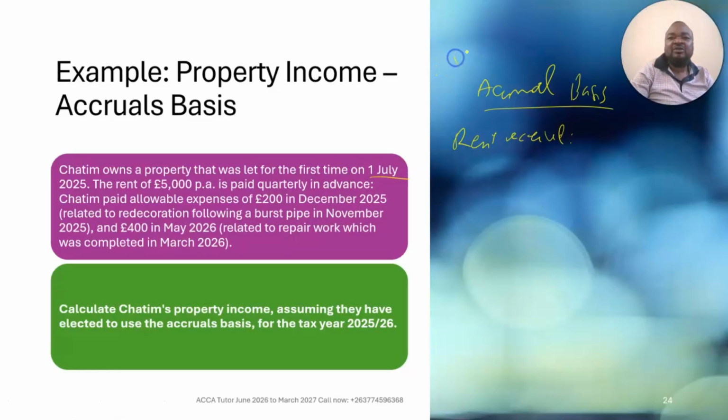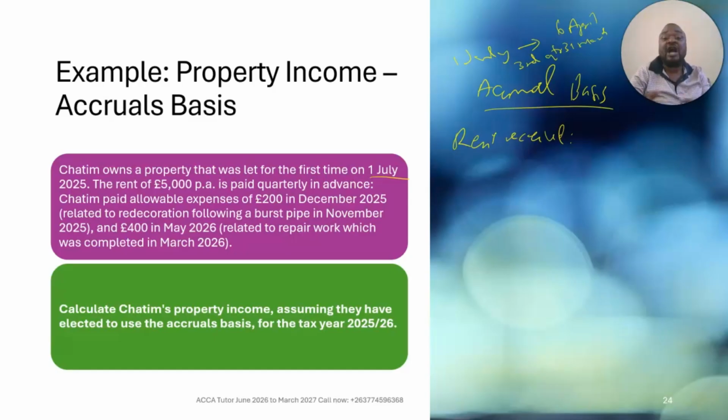So from 1 July to the end of the tax year, we are having 3 quarters here, up to 31 March. That's the end of the third quarter. But now this income is being received in advance, which means on 1 April, the start of another quarter, there is going to be rent which was received.